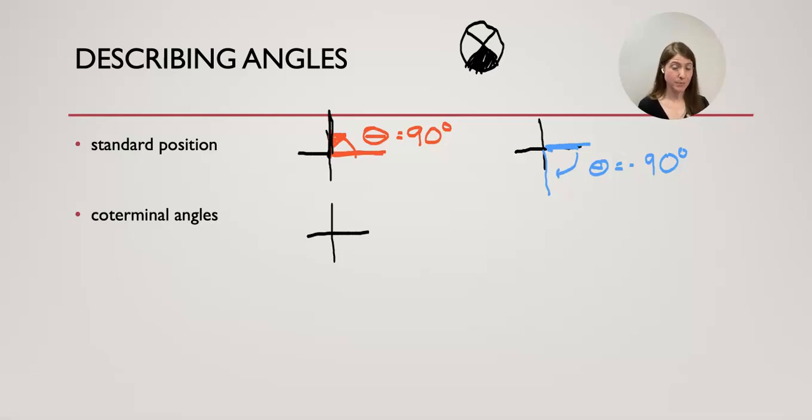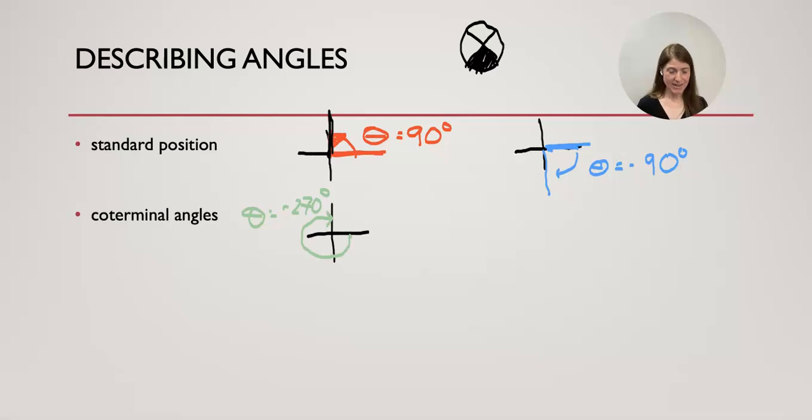If you wanted to get to the same place, the same terminal spot, instead of rotating counterclockwise, you could think about rotating clockwise. In other words, sweep through the opposite orientation. This is going to put you at the same place, but it's a different angle. So the angle that we're thinking about when we draw this picture is a negative angle, and this is actually negative 270 degrees.